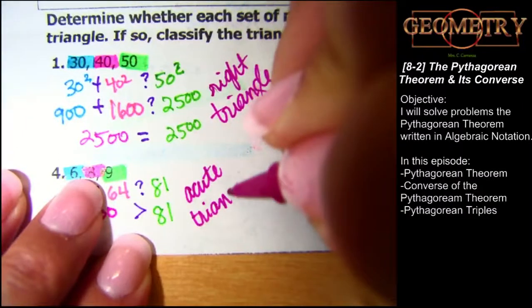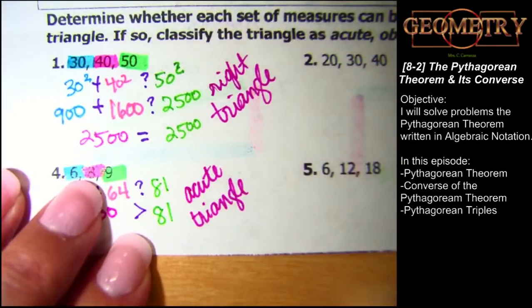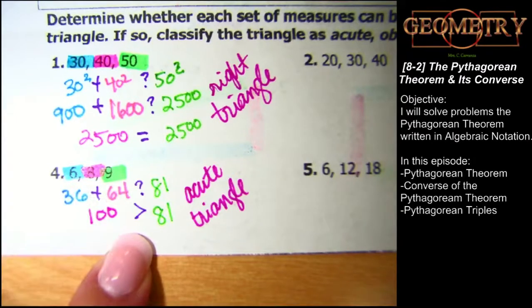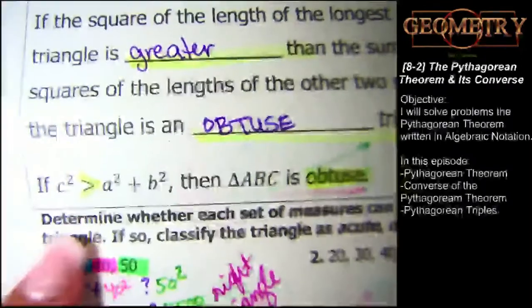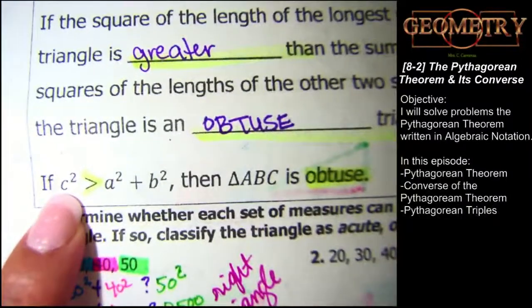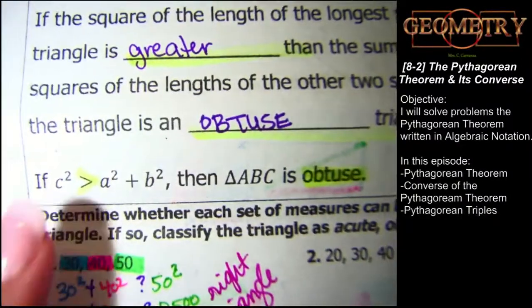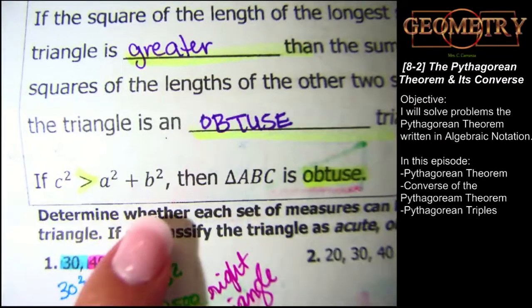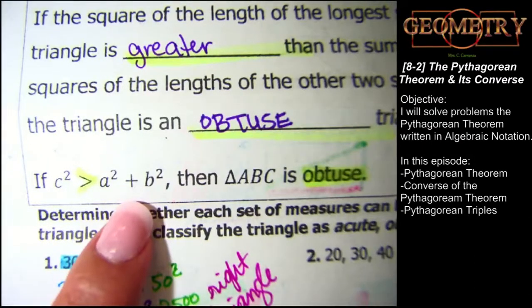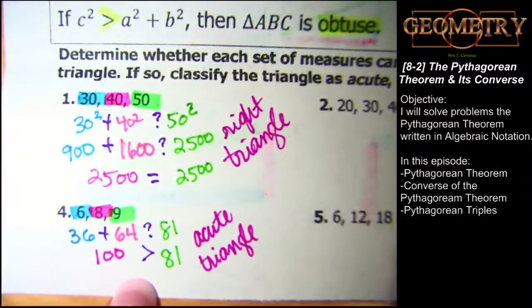Yeah, because it's written backwards from our theorem. The symbol looks like it says greater than, and if you read it left to right, it does, but we're going to read it right to left. Because our theorem says the largest number squared has a relationship to the sum of the squares of the other two sides, which is opposite of the way we wrote it here.